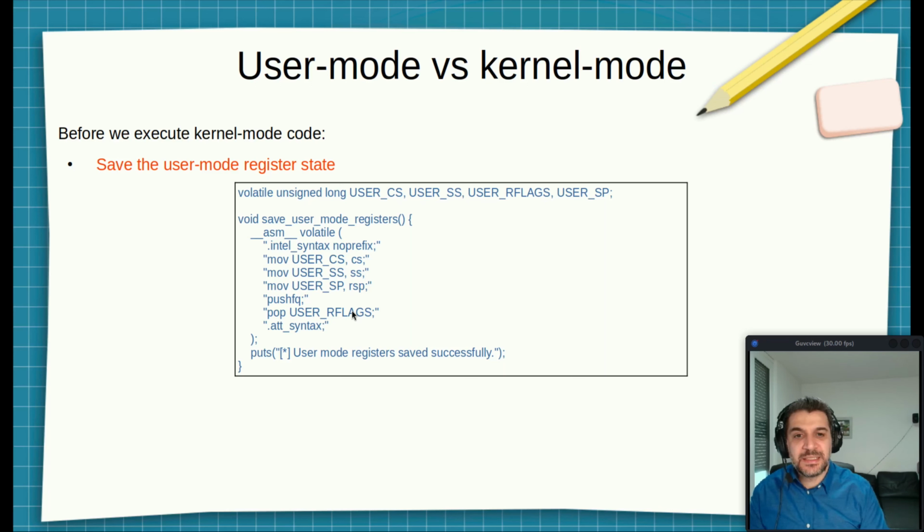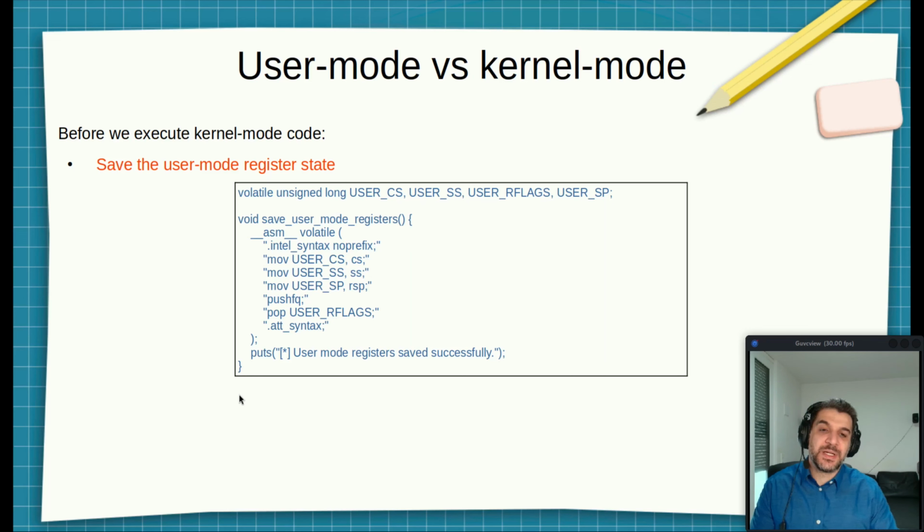We need to save those registers, because remember, after executing in kernel mode, we want to go back safely to user mode. So here I created those global variables, and then I'm storing these values in them.